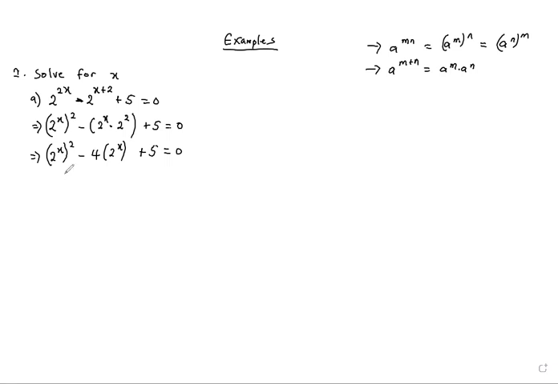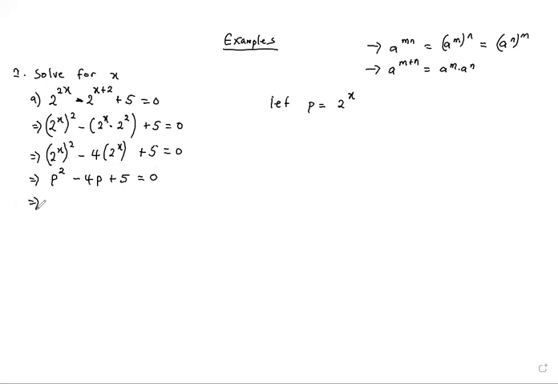At this point, we let any variable p be 2 to the power x, so that where there is 2 to the power x, we put p. Now you notice that it will be squared here. It won't be squared here. Is equal to 0, which is a quadratic, which we are able to solve.